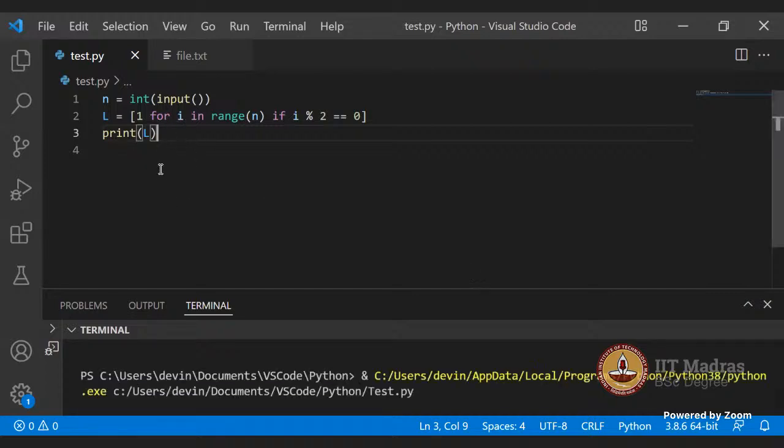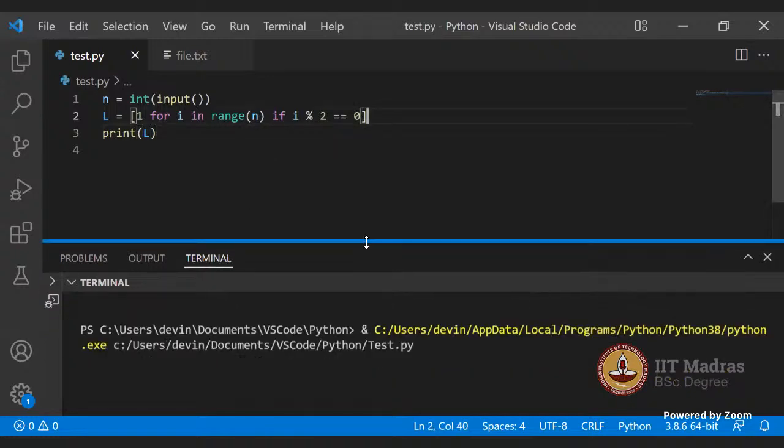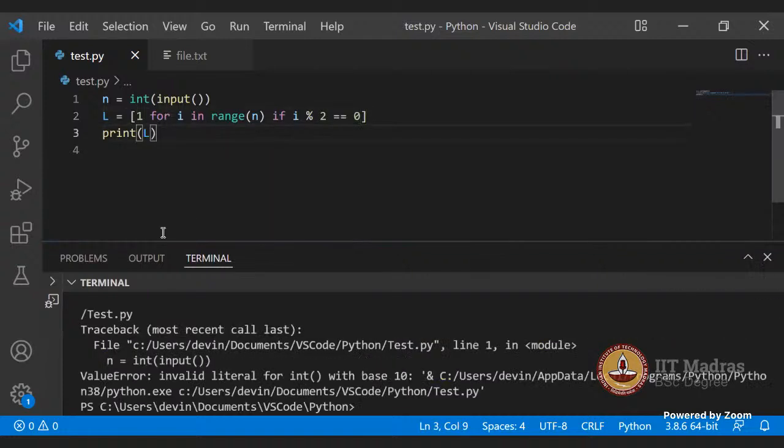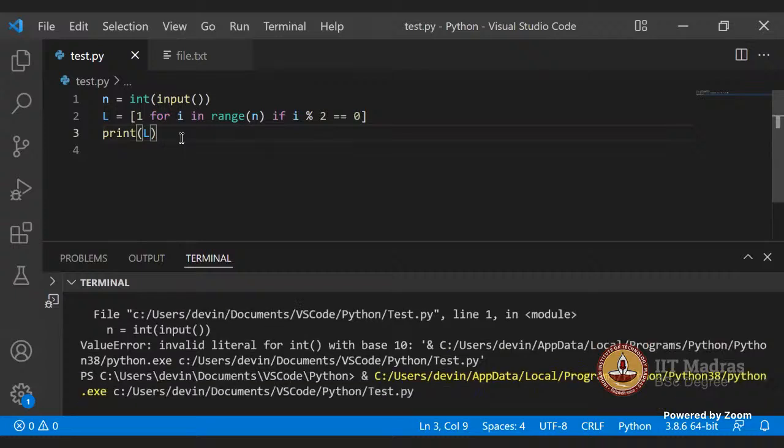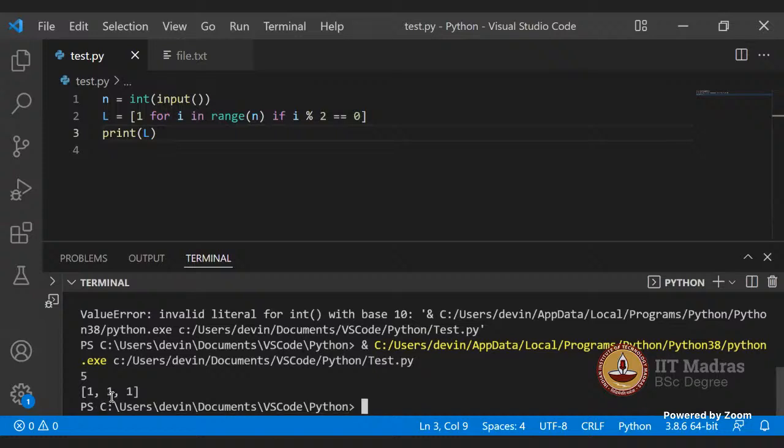So this is the last option. Let me give 5, and the answer was 111.